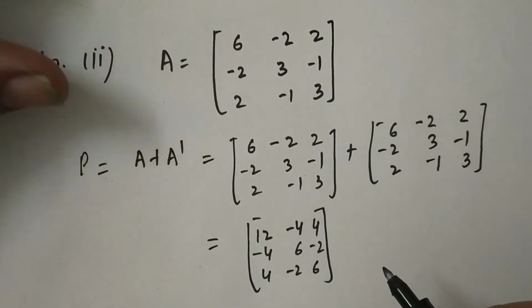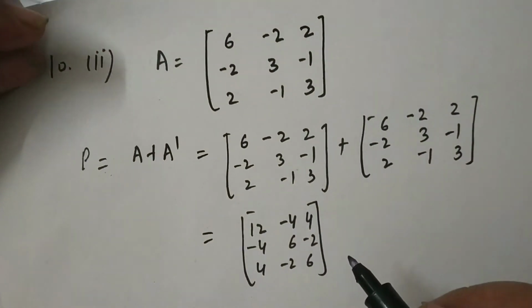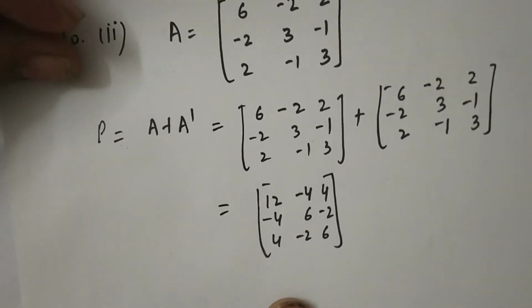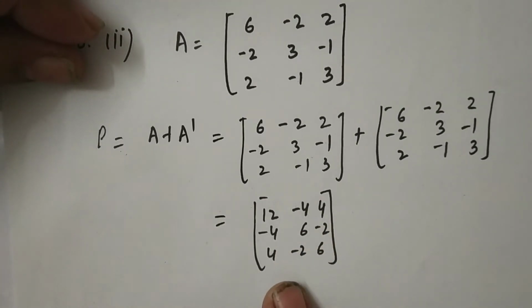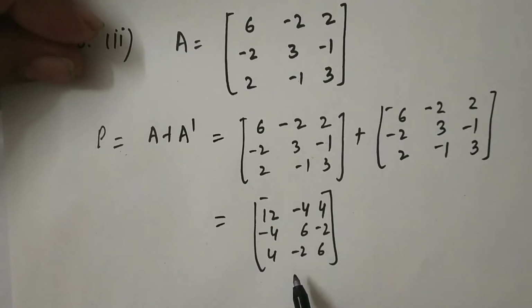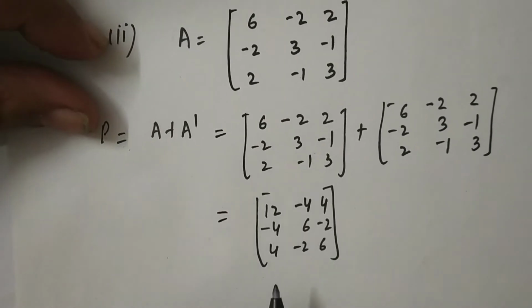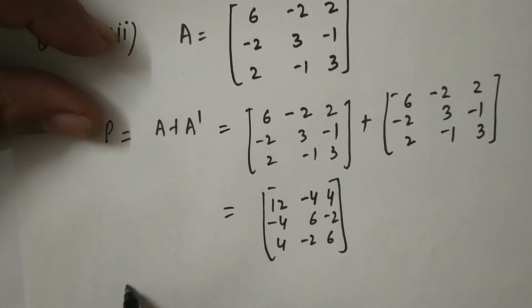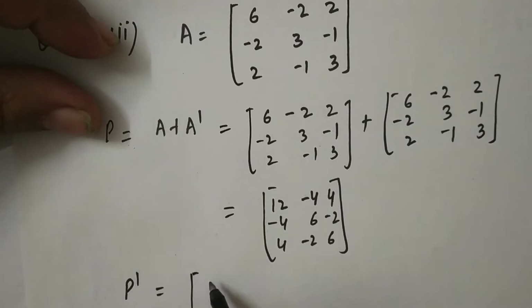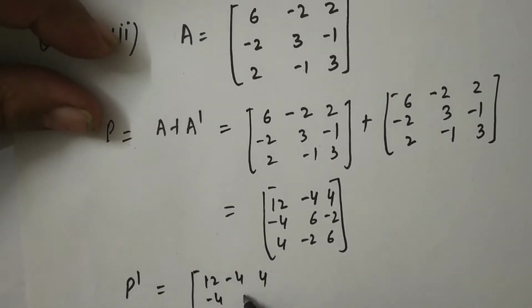Now I can see that this is a symmetric matrix. For showing that P is symmetric, I need to find P dash. What will P dash be? [12, -4, 4; -4, 6, -2; 4, -2, 6].